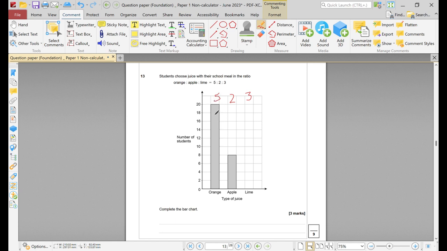So 5 is 1, 2, 3, 4, 5, 6, 7, 8, 9, 10, 10 blocks, and we each 2 each. 2 is 1, 2, 3, 4 blocks. So if 5 is 10 blocks and 2 is 4 blocks, then 3, that's going to be 6 blocks, or 12.